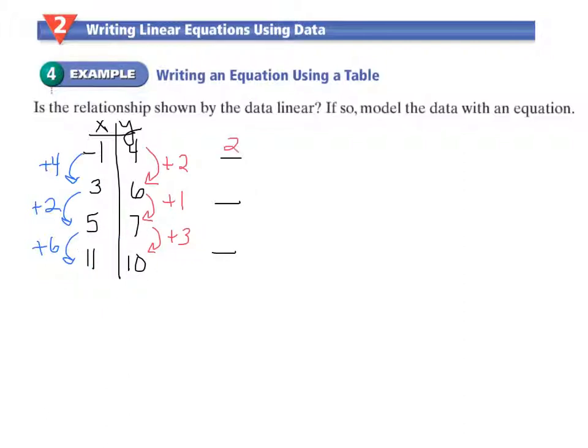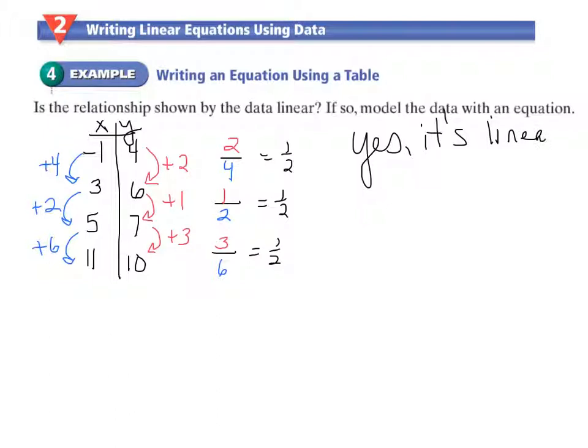Change in y over change in x. That's slope. This gives you 1/2. This gives you 1/2. This gives you 1/2. This is linear. So is the relationship linear? Yes. It's linear. Now we need to write an equation.